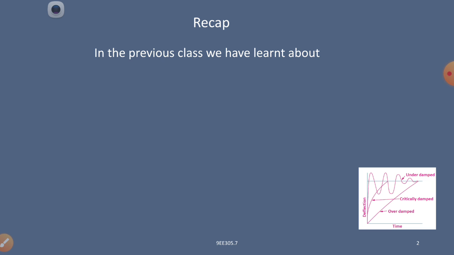And at the same time, we have seen different types of classification of instruments, absolute instruments and secondary instruments. In secondary instruments also we have seen further classification: indicating instruments, recording instruments and integrating instruments.